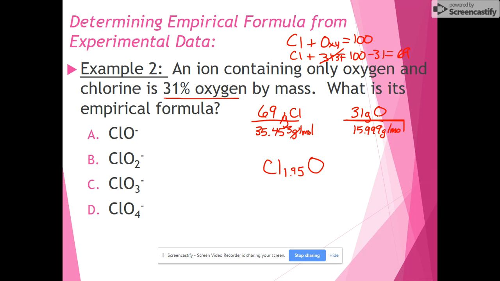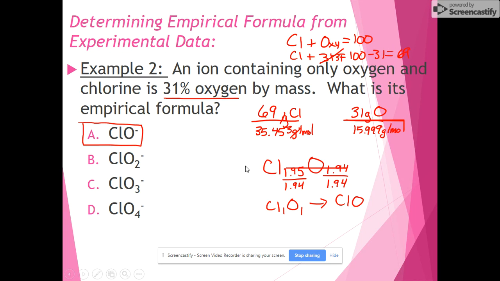And for oxygen, 31 divided by 15.999 will give us 1.94. 1.94 is the smallest value, so we're going to divide both by 1.94. And that will give us both a subscript of approximately 1. So that will be ClO, which would be choice A.